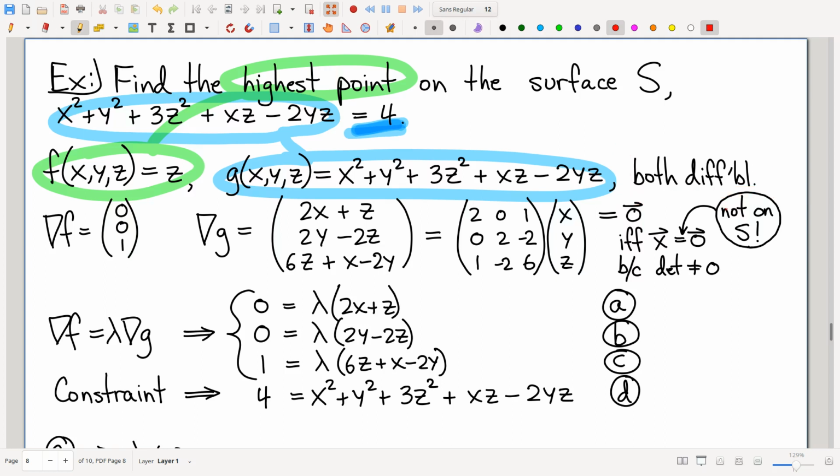Second question. Is there any point where the constraint gradient, here's my constraint gradient, is equal to 0? Well, a little bit of linear algebra allows me to rewrite this as a linear transformation, thus a matrix.